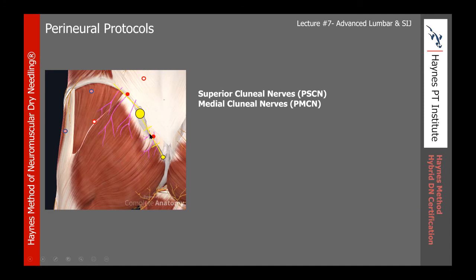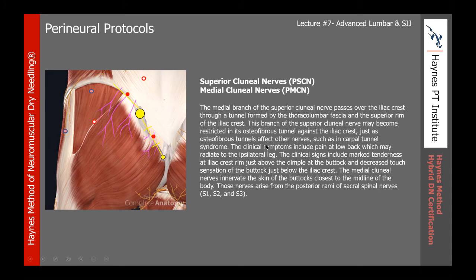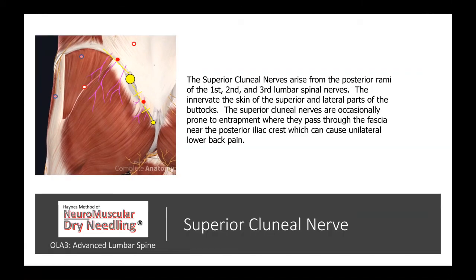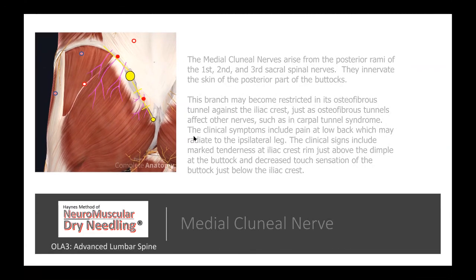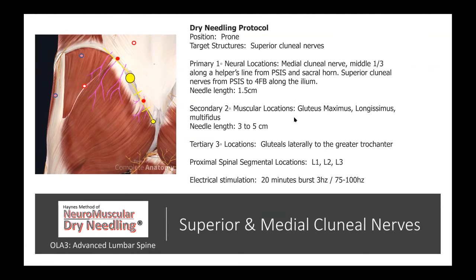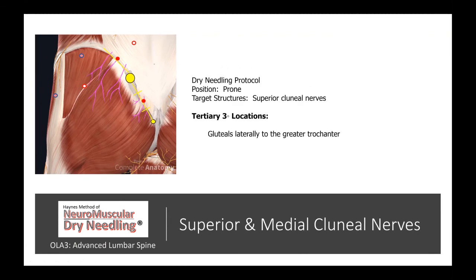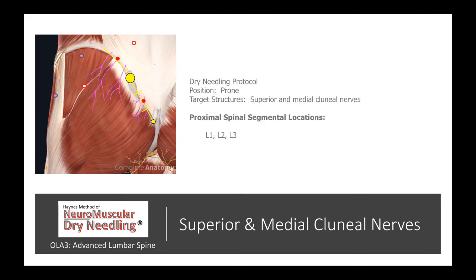Similar, superior for improving the entrapment, and inferior to improve nerve function. And I'm going to jump through a lot of this to get down to the video discussing and describing.